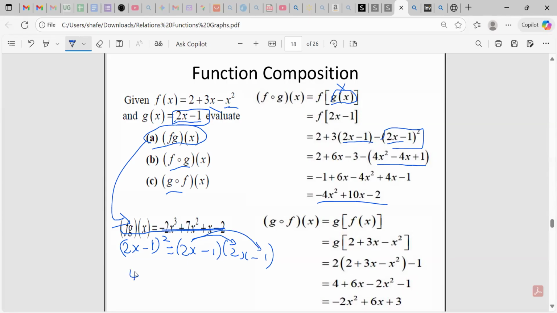So you get 4x squared minus 2x, and then minus 1 by 2x, which is minus 2x, and minus 1 by minus 1, you get positive 1. You end up with 4x squared minus 4x plus 1. And that's how they got that. And then you simplify.